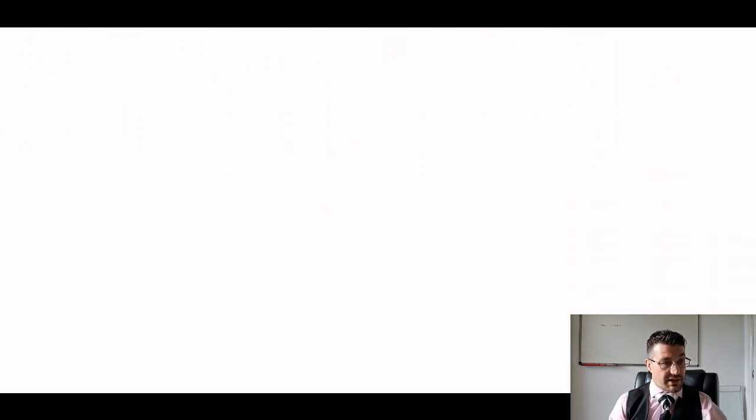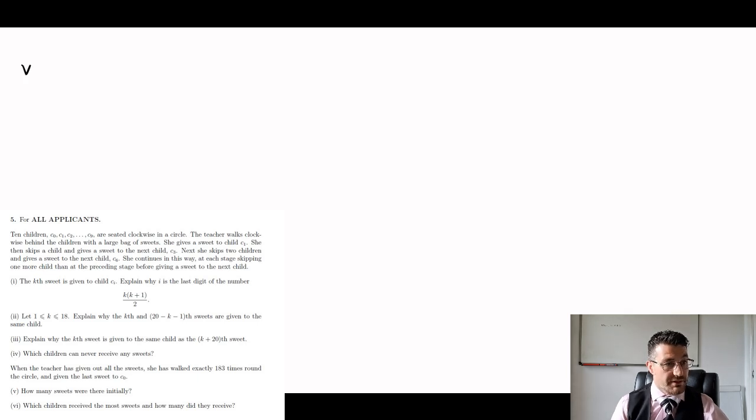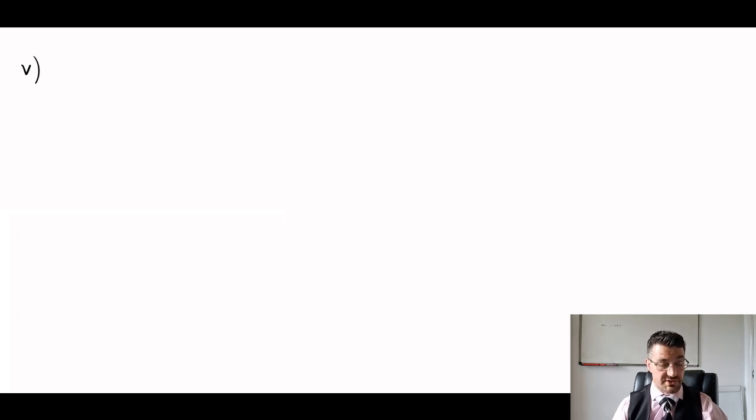So part 5. There's a bit more information for us. When the teacher has given out all the suites, she has walked exactly 183 times round the circle and given the last suite to C0. How many suites were there initially? Okay, so she's walked exactly 183 times round the circle.